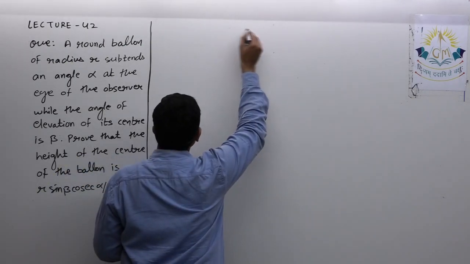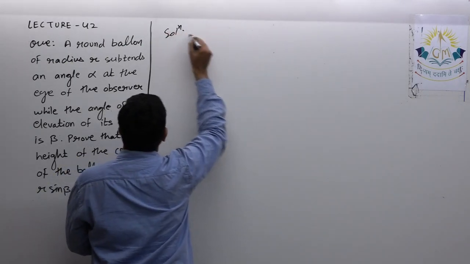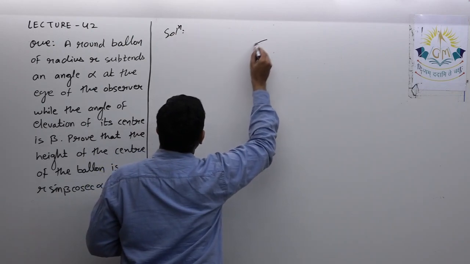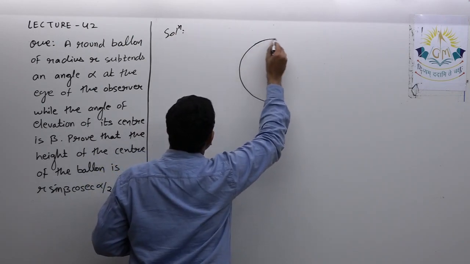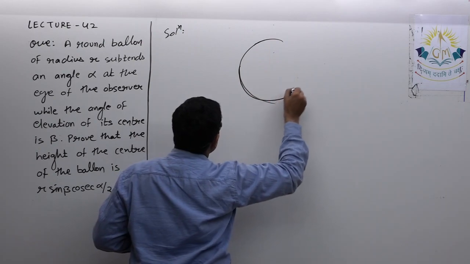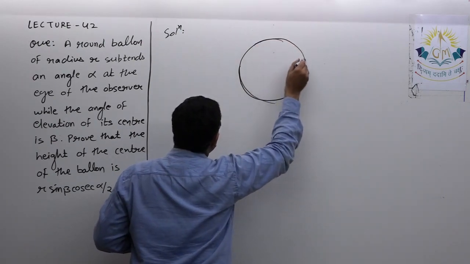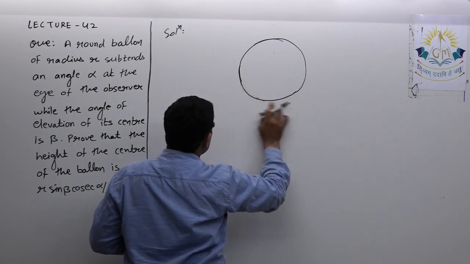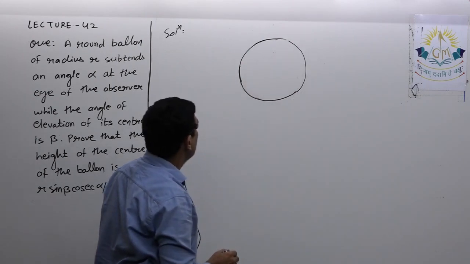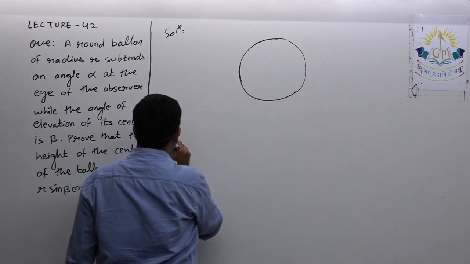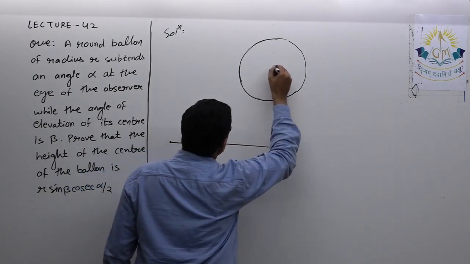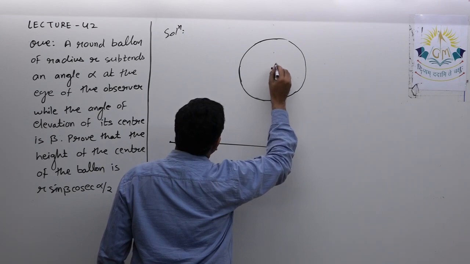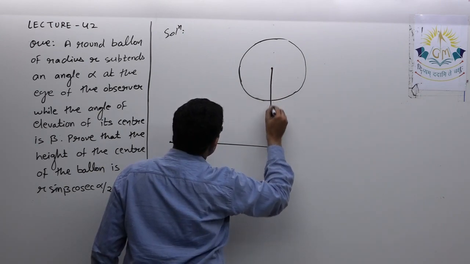So we have a balloon, a round balloon. Something like this. And here I'm assuming this is the center of the balloon.